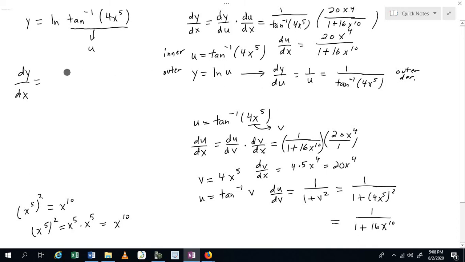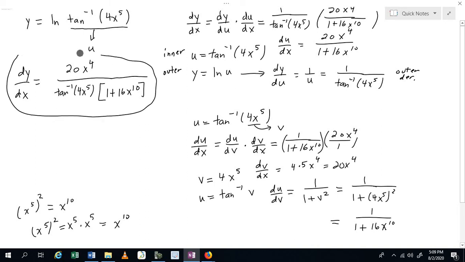So that's the same as 20x to the fourth on top divided by inverse tangent of 4x to the fifth, all times 1 plus 16x to the 10th. Okay, so that's our final answer.